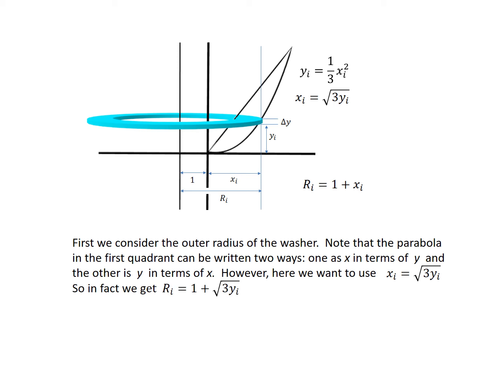So our outer radius, capital R sub I, is 1 plus square root of 3 times y sub I.